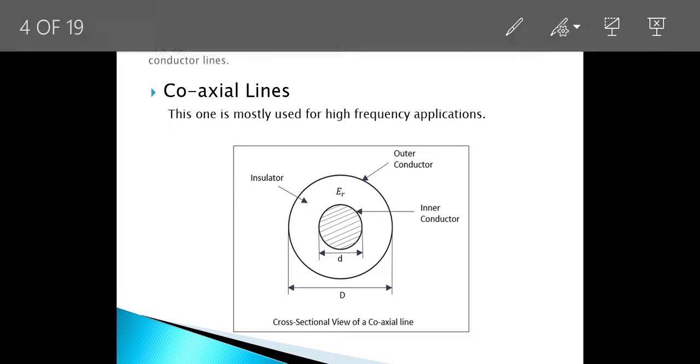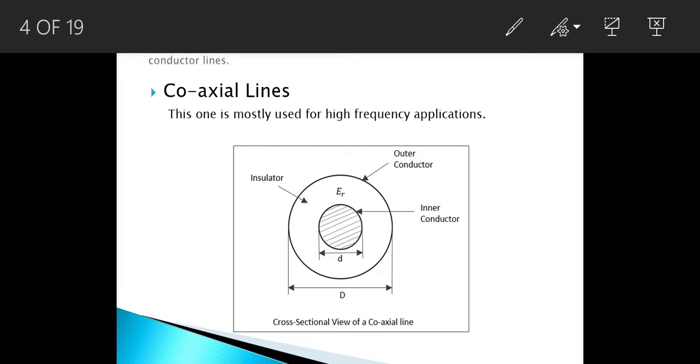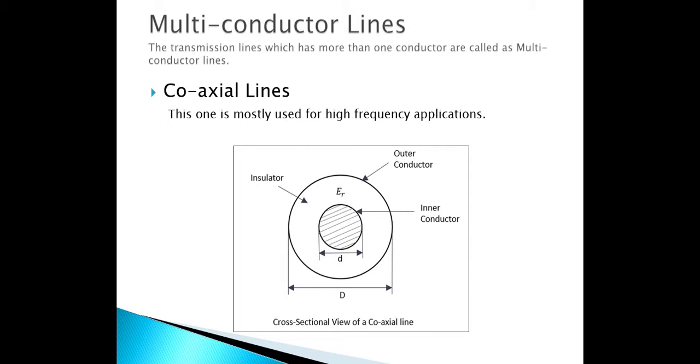In this diagram you can observe the circular shape, showing the cross-sectional view of the coaxial line. The outer circle is the outer conductor, the inner circle indicates the inner conductor with diameter small d, the outer diameter is capital D, and here is the portion of the insulator.